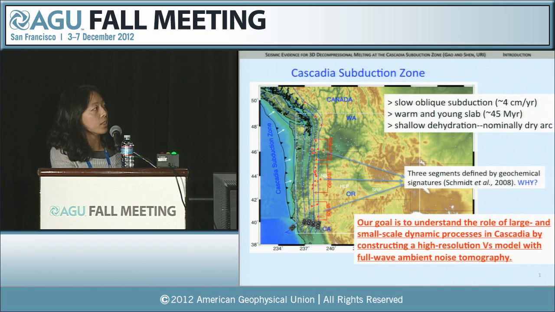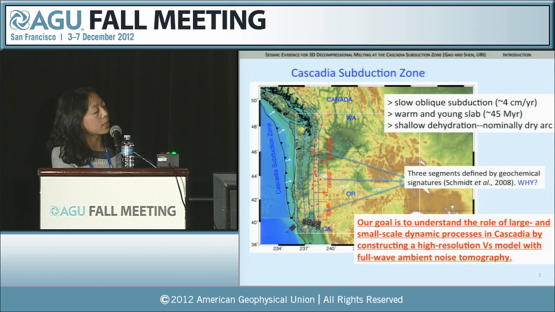At the Cascadia subduction zone in recent years, there has been a huge increase of seismic stations, which provides a good opportunity for a high-resolution velocity model. The Cascadia subduction zone is relatively young and warm. It has shallow dehydration, which results in the dry arc.